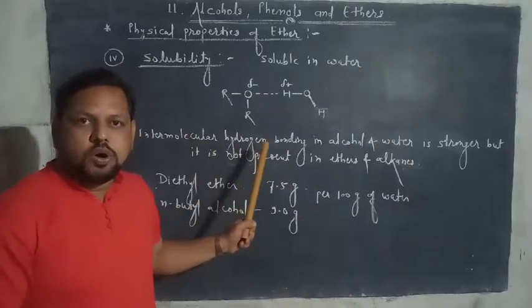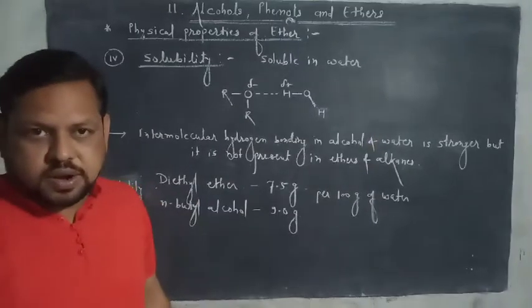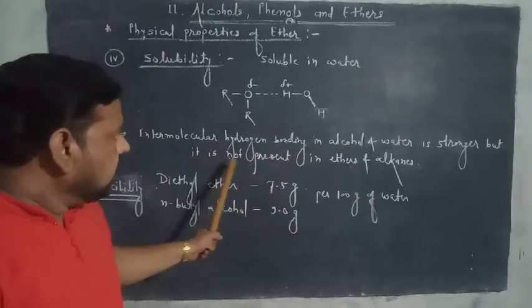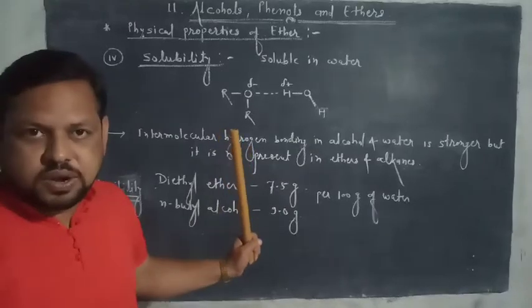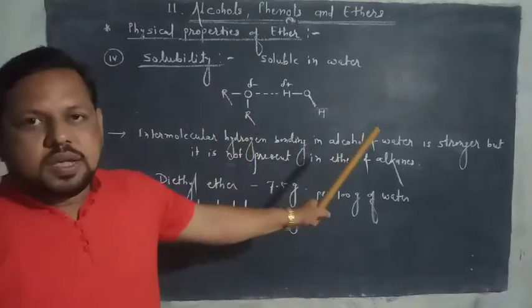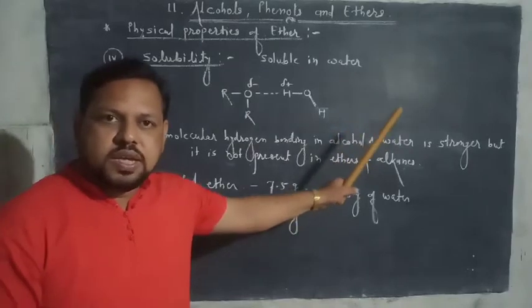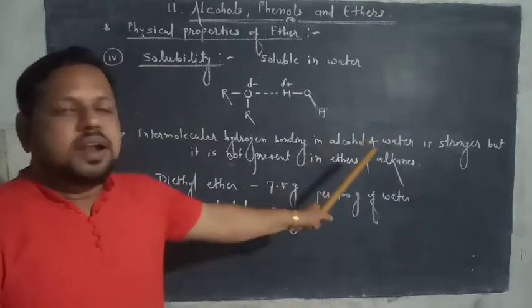Intermolecular hydrogen bonding in alcohol and water is stronger, but in the case of ethers and alkanes, it is not present.